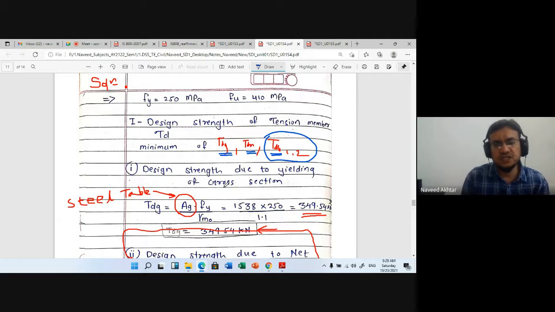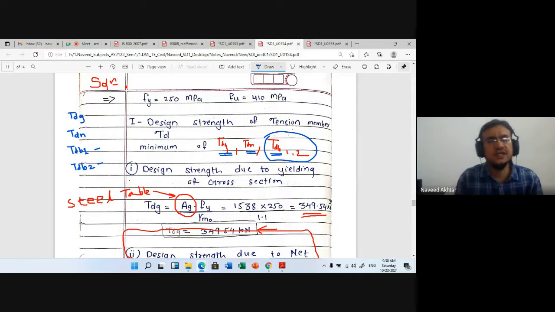So the design strength of the tension member is the minimum of these four: Tdg, design strength due to yielding; Tdn, design strength due to net section rupture; and block shear failure, that is Tdb1 and Tdb2, based on shear yielding with tension rupture, and tension yielding with shear rupture. The minimum of these four values is the strength of your tension member.